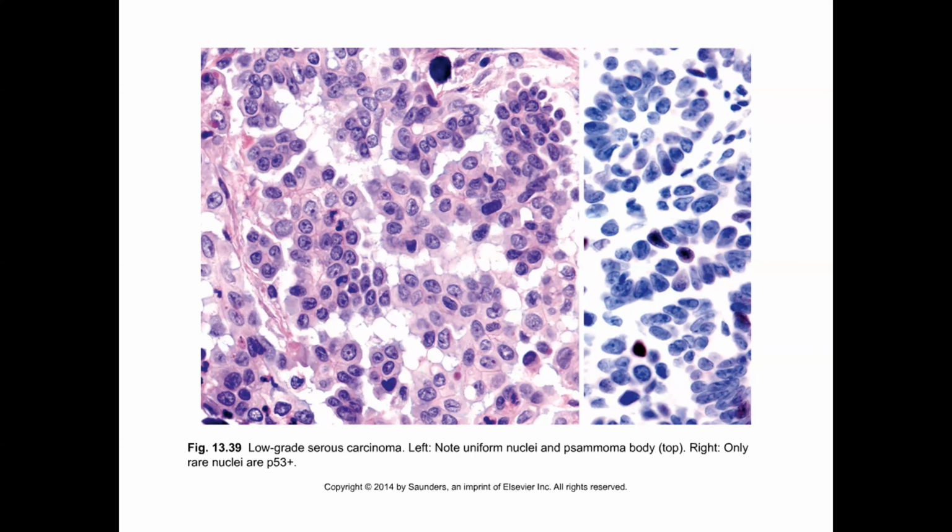Just to look at these nuclei for a second or two, you can see that they tend to be fairly uniform. We may have small psammoma bodies. Nuclei are not usually macronuclei. They're present and prominent, but not overpowering. And if we do the WT1 stain, here we see just a few cells positive, indicating that it's still the wild type expression.